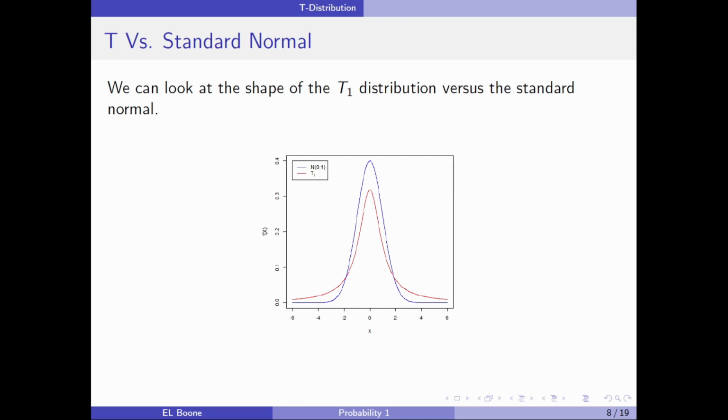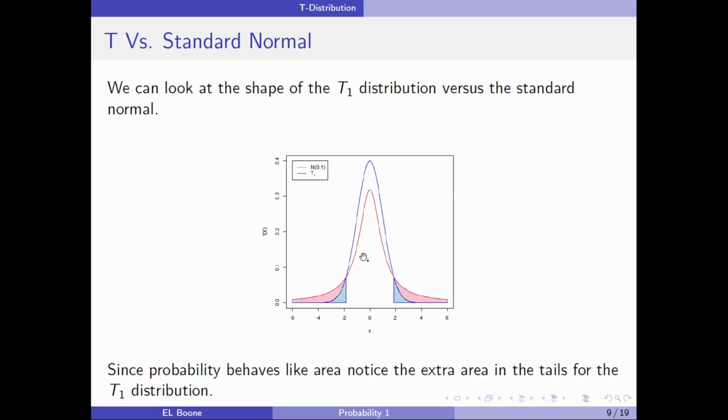Okay, so let's look at the shape of the T1 distribution versus the standard normal distribution. They're both symmetric, but what you really notice is that the normal is much more peaked at the top, so it's far more likely here than what the T would say. But the real difference is out here in the tails. So these are called the tails here. Out here in the tails, remember, area and probability are the same.